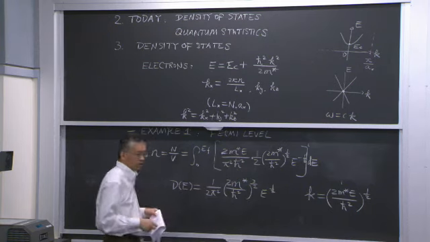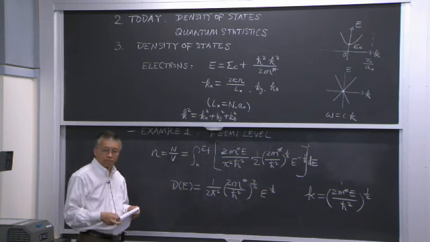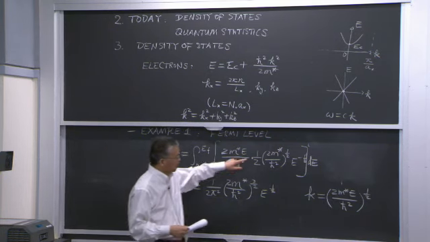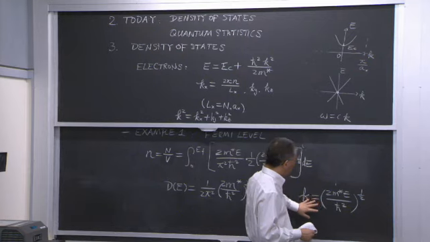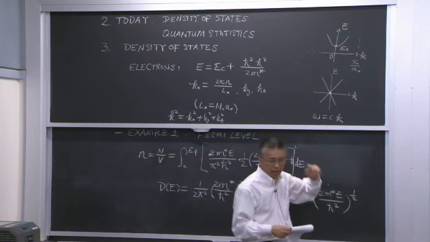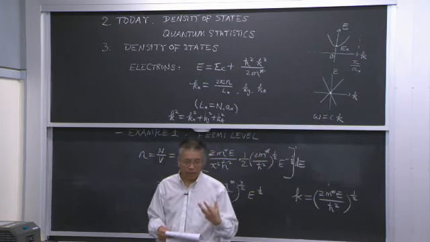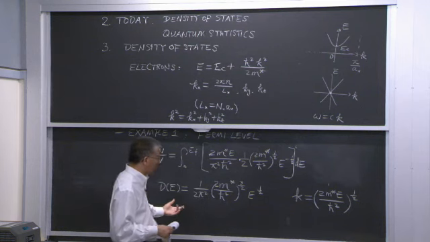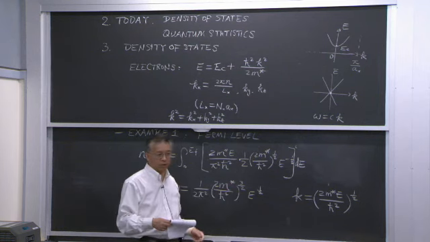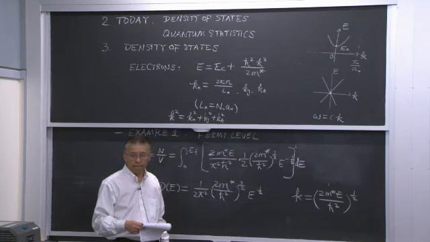So this is my density of states. And this E is referring to my 0 being at the bottom, EC. If I take my 0 at a different location, I have to use E minus EC. Okay?